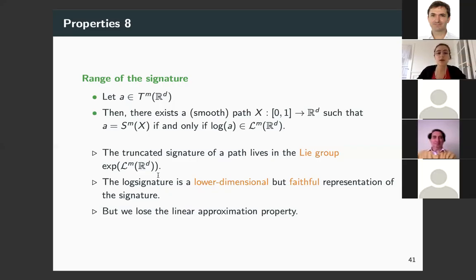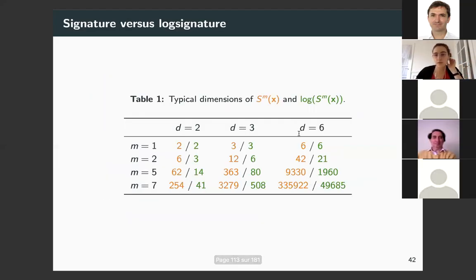So basically we can use it to lower the dimension of the spaces, but then we don't have strong approximation properties as before. So to give you an idea of the different dimensions, in orange you have the size of a signature, and in green the size of a log signature. And so you have basically a power of 10 of difference. And this can be really huge, really fast.